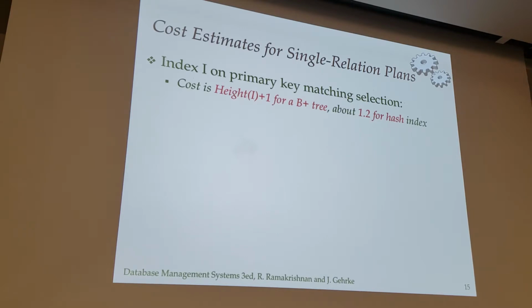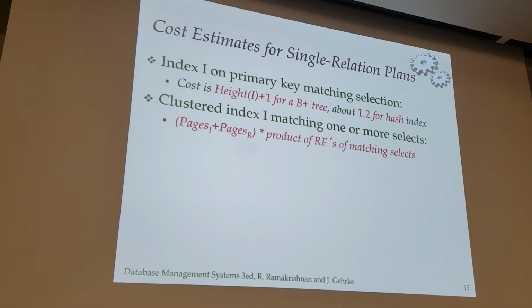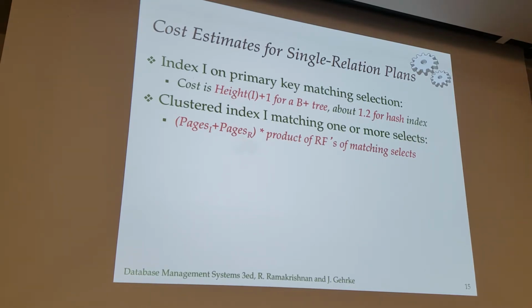Can't be anything except that, and about 1.2 in the case of a hash index.